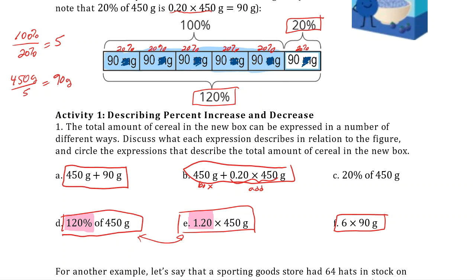If you did all these computations, you should get the same thing, which would be the 450 grams plus the additional 90 grams is 540 grams. That's the amount of cereal in the new box. And every single one of these computations will result in 540 grams.